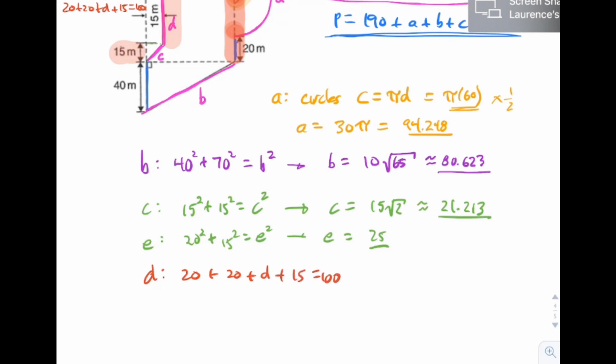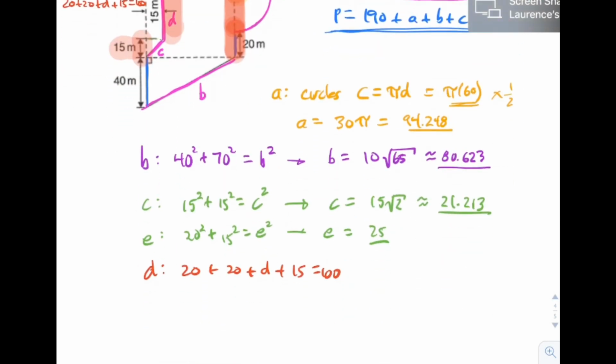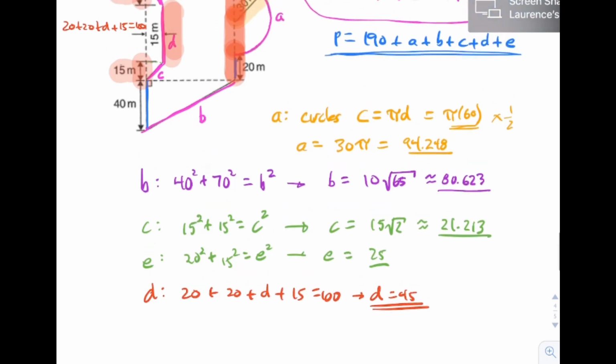Again, the reason being that on this side, I got 20 plus 30 plus 30 plus 20 is 100. So this has to be 100 too because it's a rectangle. 20 plus 20 plus 15 plus D is 100. And if you solve that out real quick, you'll get D must be 45. Cool. We've got enough information to figure this out.